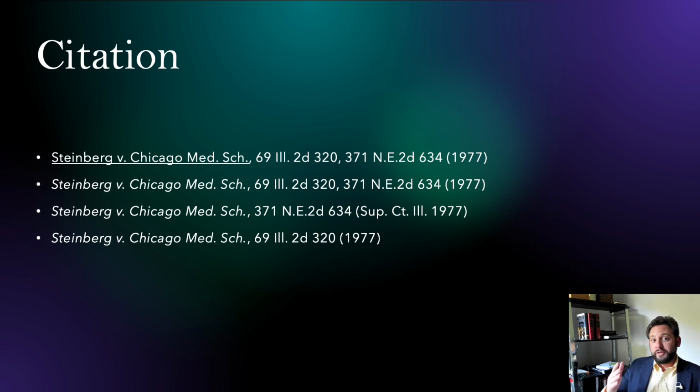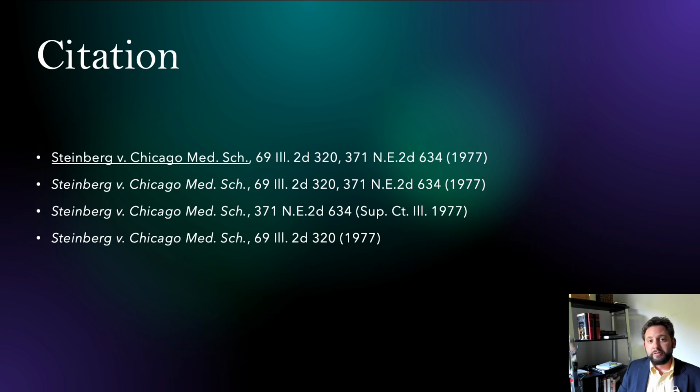After that is the reporter or reporters, where the case is located, how to find it, and then the year, sometimes the court. There are a lot of different ways to write a case citation, and one of the simplest ways to do it is to include all the reporters. So you see that in the first two illustrations. The reporters here are the Illinois 2nd and the Northeast 2nd.